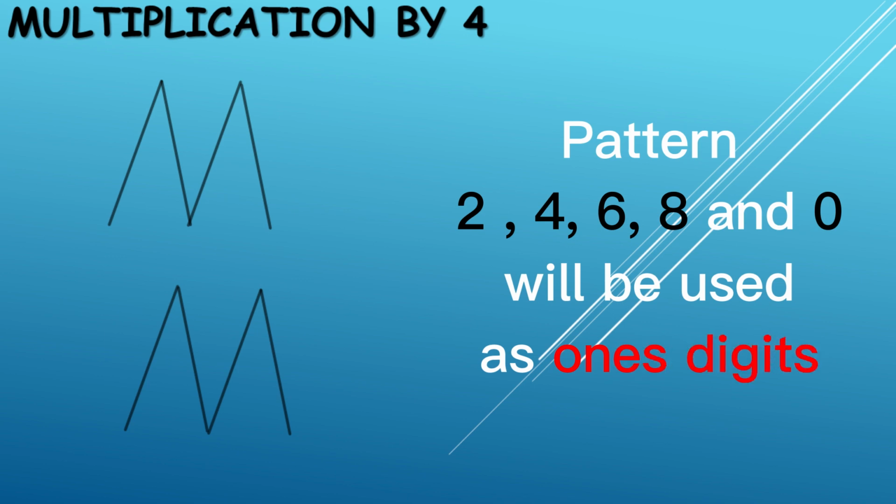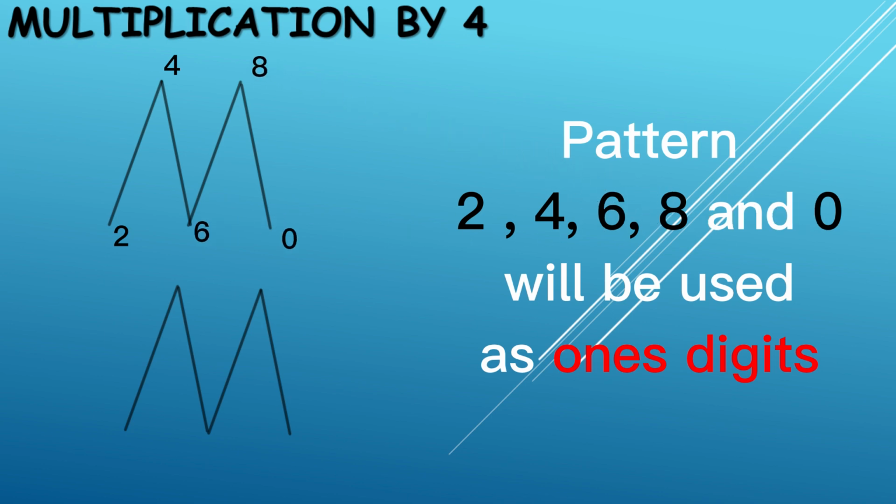But the way we are going to write it is very important. You see that M has a zigzag shape from the right leg to the left leg, or from the left leg to the right leg. So our numbering is going to start from the left leg, and then we will enter the ones digit in a zigzag way like this. So starting from 2, we will enter our ones digit 2, 4, 6, 8, and 0.